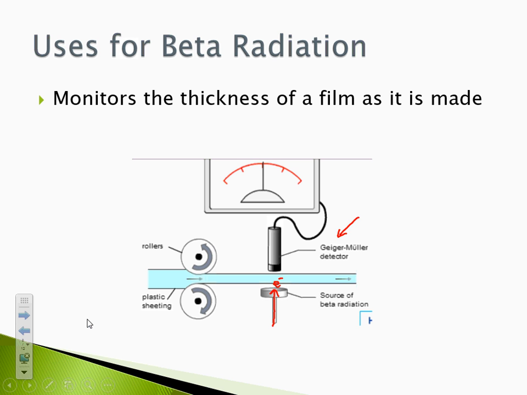I'll show you a Geiger counter in class. It expects a certain frequency. If it gets too many, they know that the film is too thin. If it doesn't detect enough, they know that the film is too thick, and they would have to adjust their machinery.